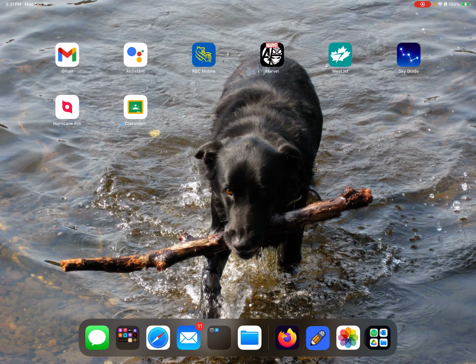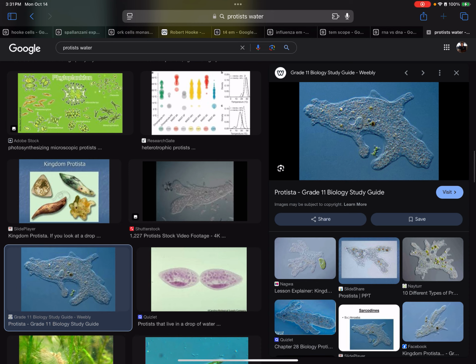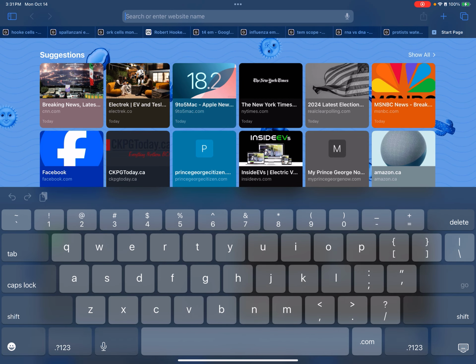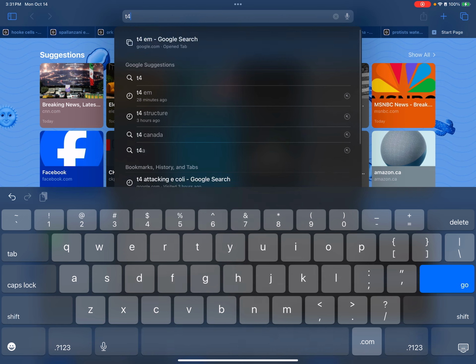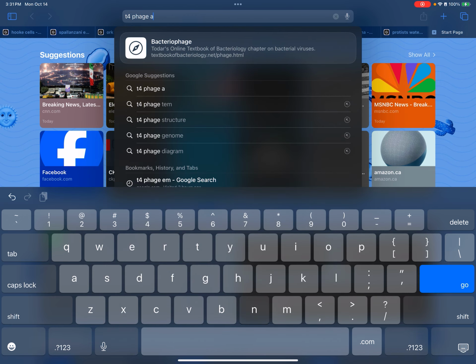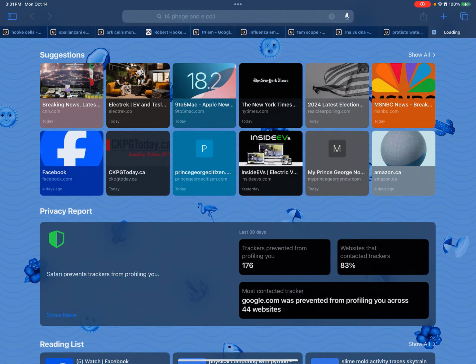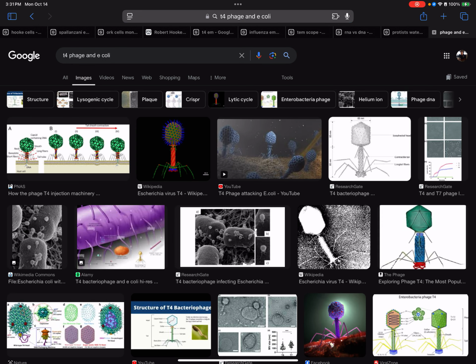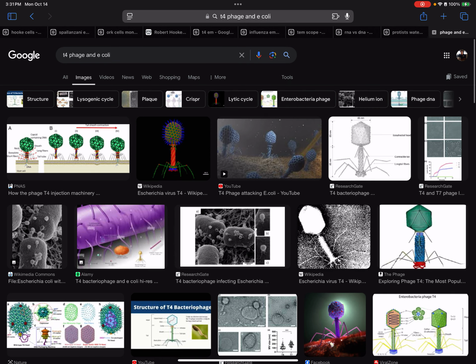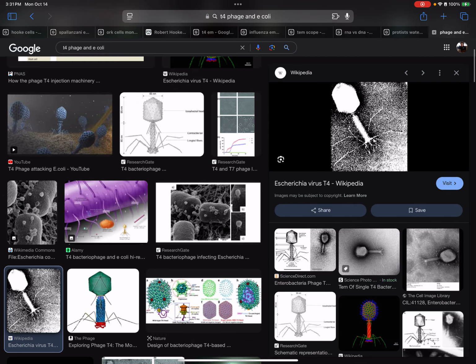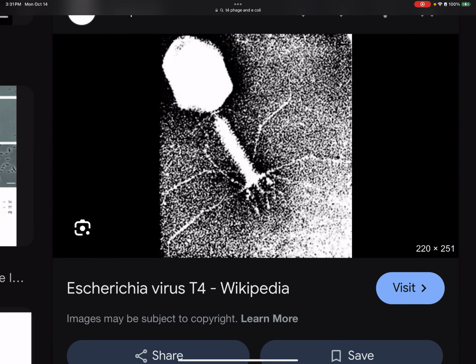So, I should show you this. I thought I had this available. But when you look at the T4 phage and E. coli, let's see if I can actually type properly today and go to an image, you'll kind of see what the T4 phage likes to do. So we knew that the T4 phage existed because we've seen them under an electron microscope looking like this, right?